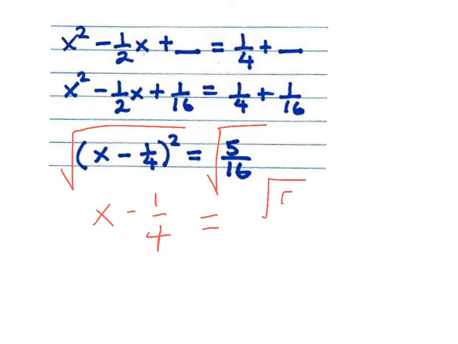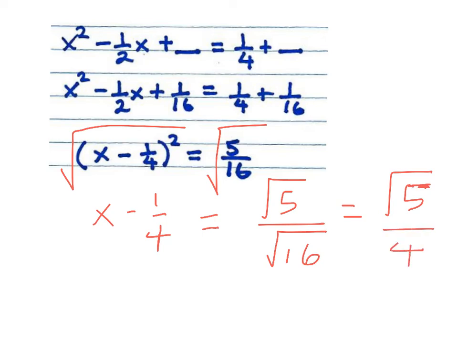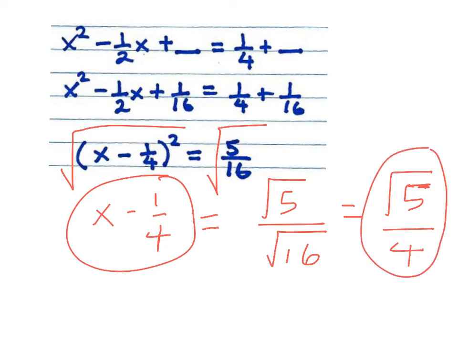Square root 5 divided by square root 16. But you know that square root 5 is irrational. We're going to keep it like that. But square root 16 is 4. So your left side will be this, and your right side will be this.